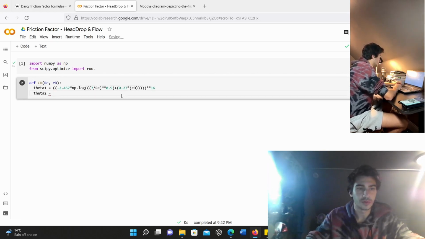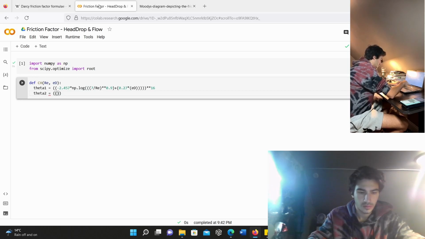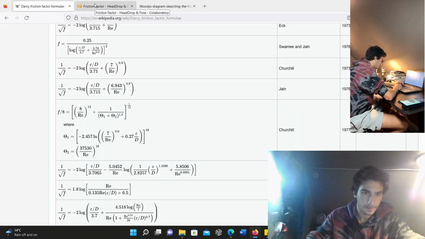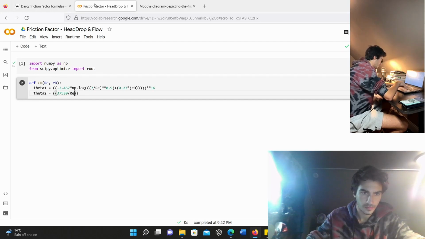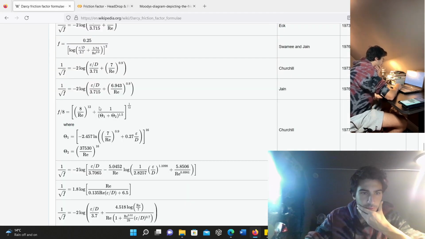I think theta 1 should be good. I think theta 1 and theta 2 should be good.